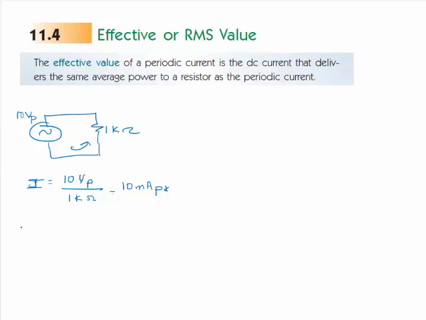for current, power equals voltage times current. Let's make it I of t times V of t, instantaneous values.